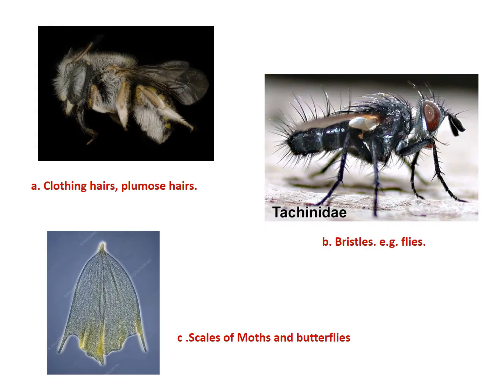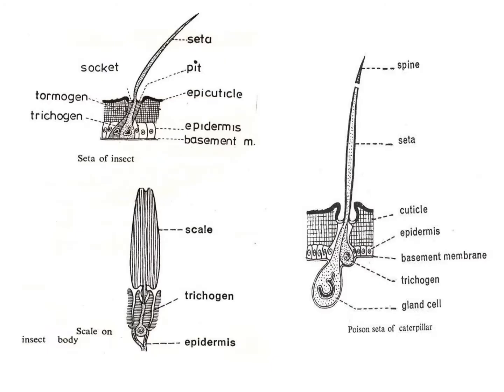Coming to the clothing hairs, we can see them in bees. Then the bristles are seen in flies, and scales are seen in moths and butterflies. The first one here is the seta. The seta is formed from the epidermal cell called the trichogen, and the surrounding cells are called the tormogen.